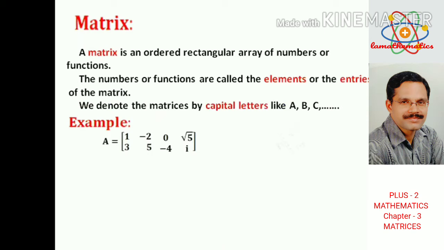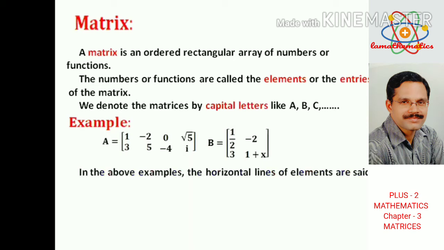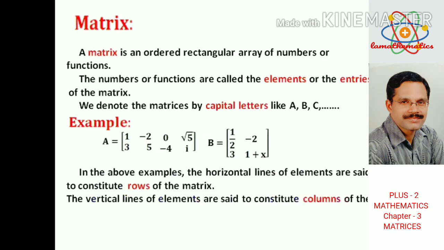Another matrix, capital B equal to matrix, first row 1 by 2, minus 2; second row 3, 1 plus x. In the above examples, the horizontal lines of elements are said to constitute rows of the matrix. The vertical lines of elements are said to constitute columns of the matrix.